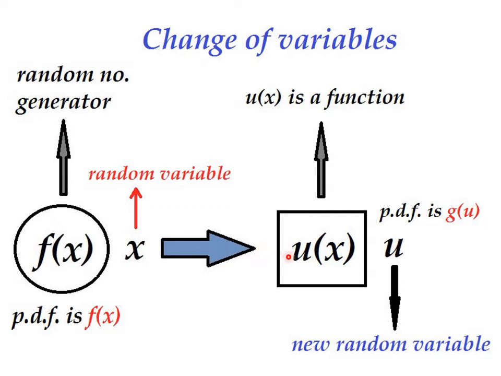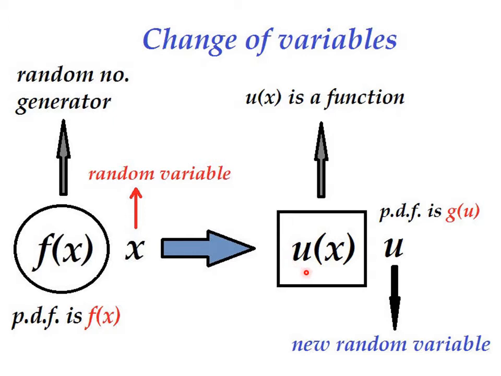Specifically, we're going to look at placing a random variable within a new function, call it u of x, and we're going to be interested in the probability density function, which we will assign the value g of u. We need to get these functions delineated and straight in our mind. U of x is not a probability density function.